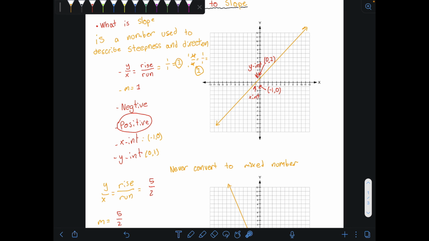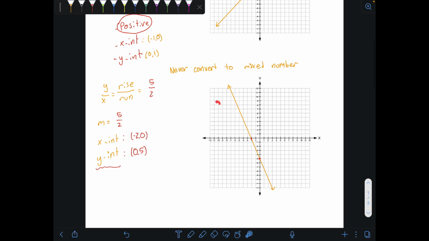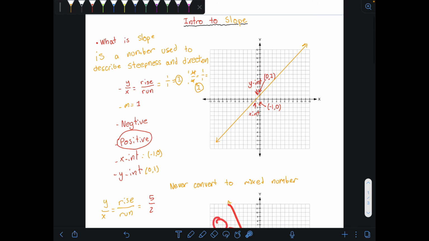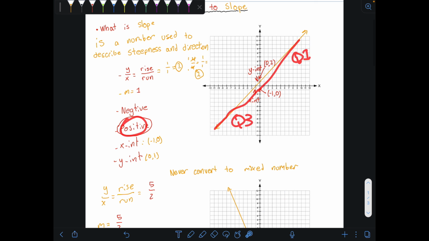So you know that negative is from quadrant 2 to quadrant 4. And positive slope is from quadrant 1 to quadrant 3. That is positive. And then always be able to find your x and y intercepts, especially your y-intercept.